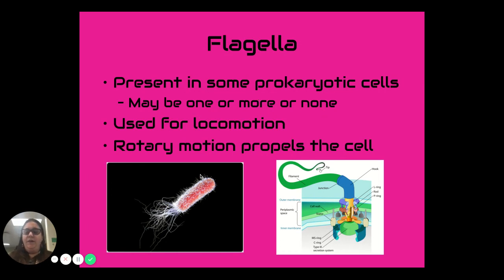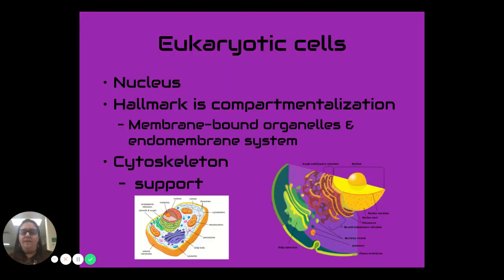So some of them will have lots, some of them will only have one, and some of them will have none. And it's this little machine, basically a cellular machine that turns, and it's going to be powered by ATP energy, and it's going to turn and move to propel the organism through the substance.